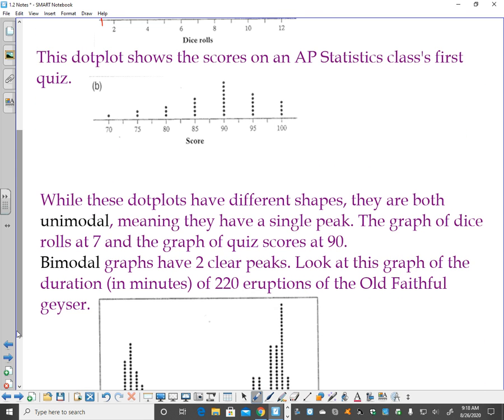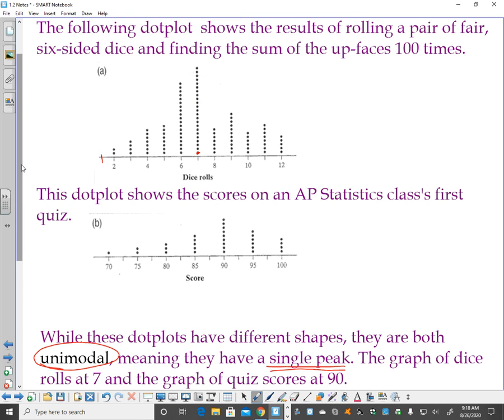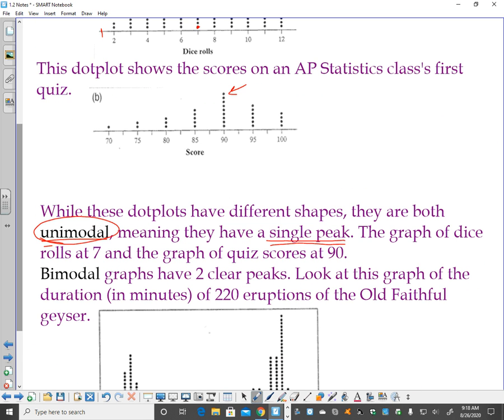All right. While these dot plots have different shapes, they are both unimodal, which means they have a single peak. So I can look at the dice, absolutely, single peak right there. I can look at the AP Stats grades, single peak right there. That means they are unimodal.